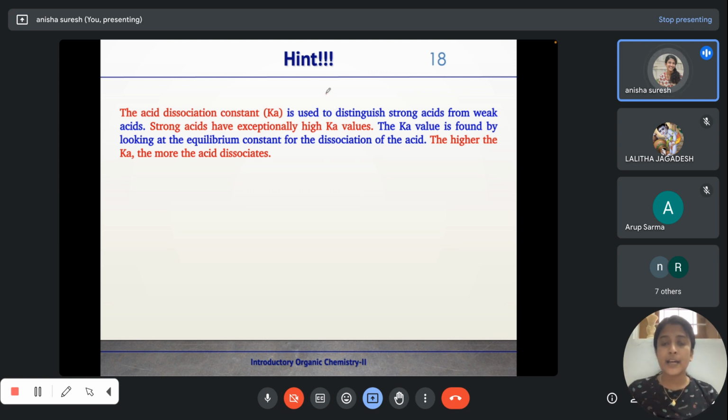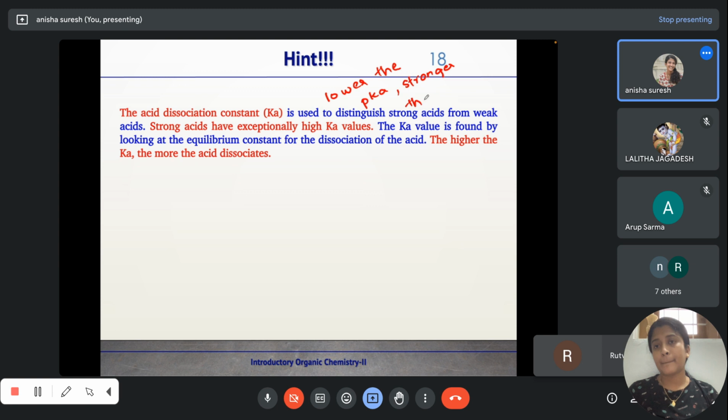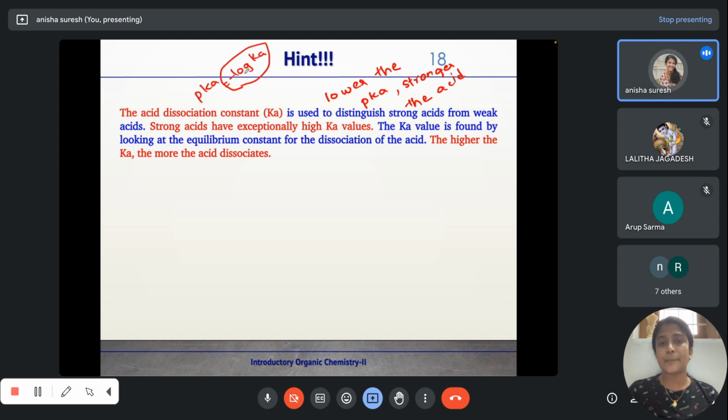We have seen that the lower the pKa, the stronger the acid. pKa is the negative logarithm of Ka. Because of this negative sign, this trend comes. If pKa is lowering, the acid will be stronger. So Ka should be more for stronger acids.